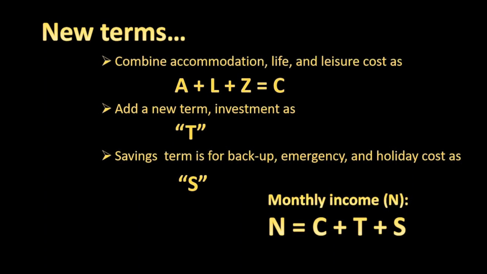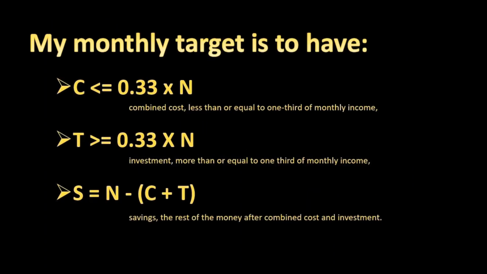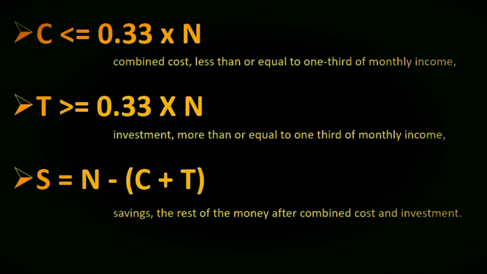Let's say the savings. So my target now became like this. C, the accommodation, life, and leisure costs, the total combined cost, should be less than or equal to 1/3 of my average monthly income, okay? All my costs. And T should be greater than or equal to, again, 1/3 of my monthly income.